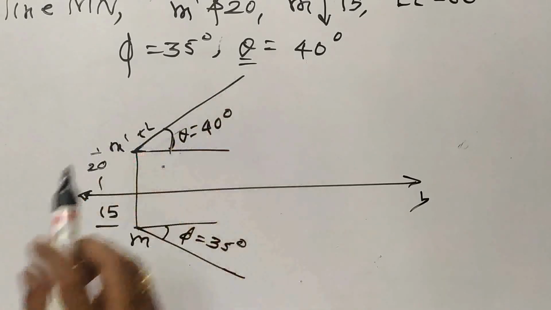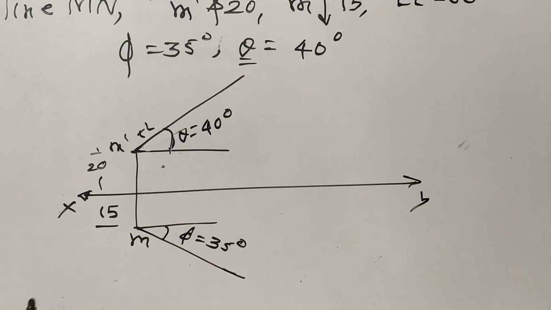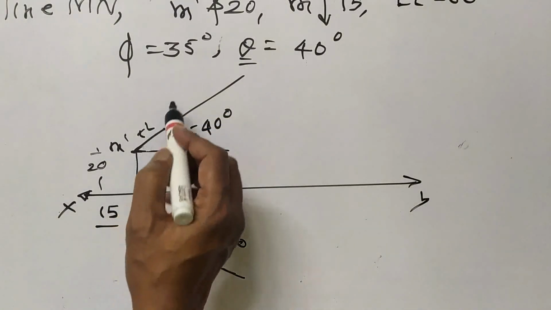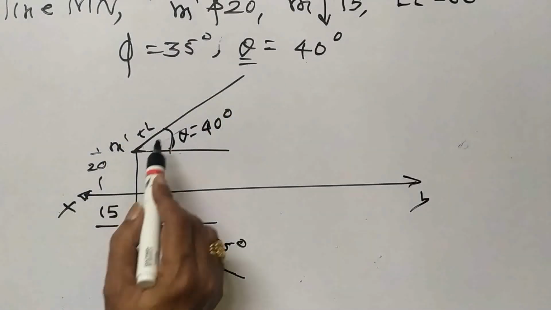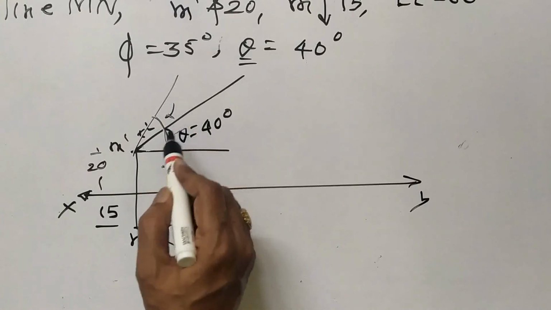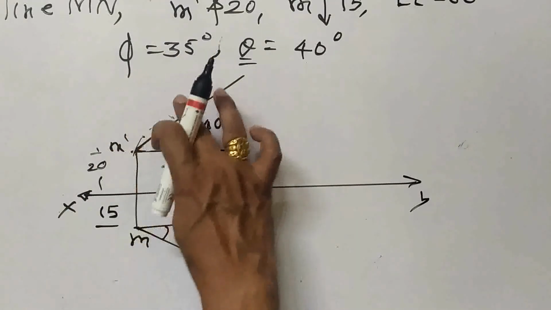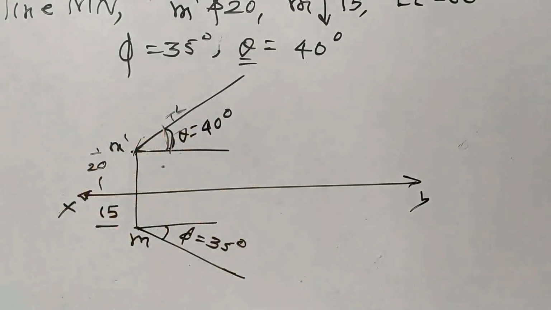But true length is not given, so you can't cut true length on this and this. Elevation length is given 60, but how can you mark the elevation length? Because if you want to mark elevation length 60, you must know alpha. If you know alpha, then you can mark elevation length on that, but alpha is not given. Only true length inclinations are given.